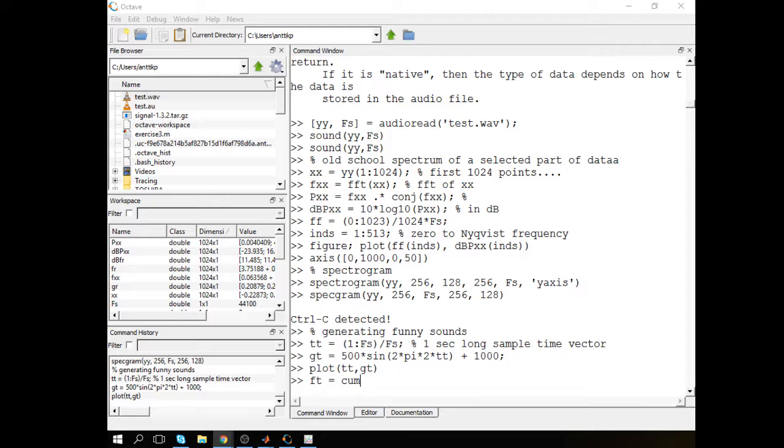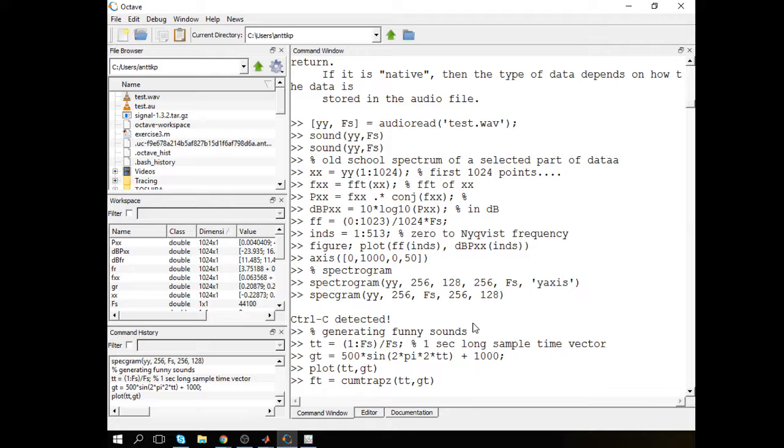Or trapz: numerical integration of points y using trapezoidal method. Okay, let's see. There I can. That's even better. Cumulative trapezoidal of g(t) versus t.